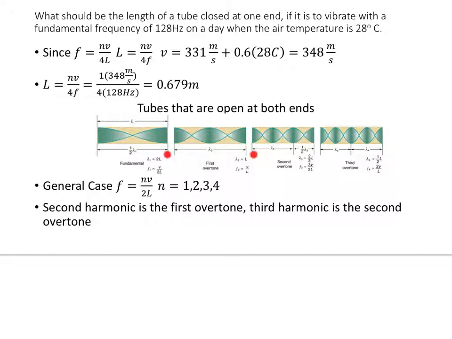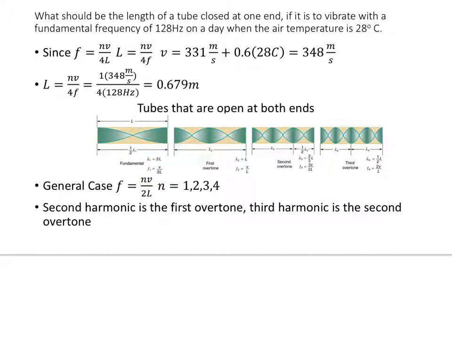In this case, the length of the air column is exactly 1 wavelength. In this case, it's a wavelength and a half. And in this case, it is 2 wavelengths long.